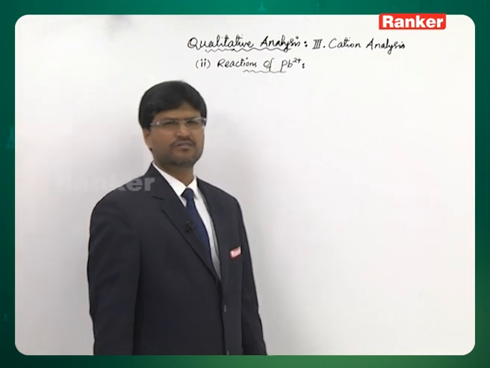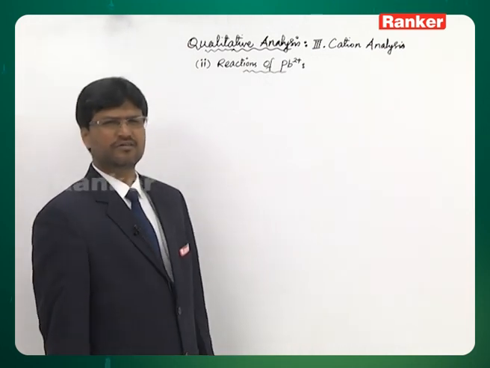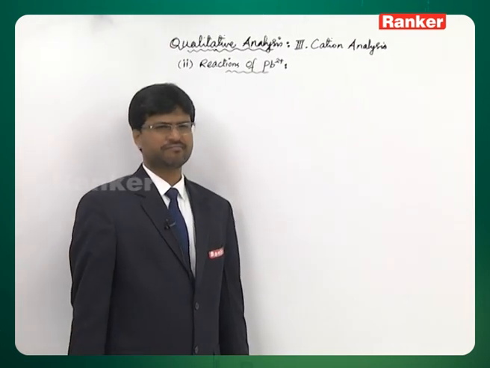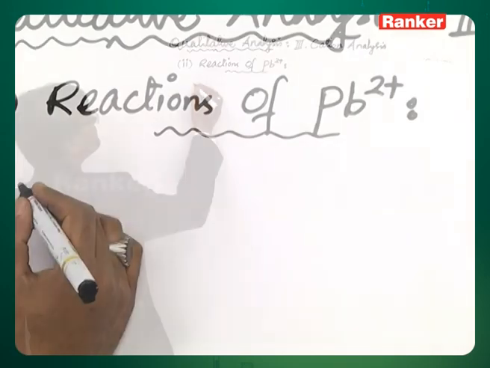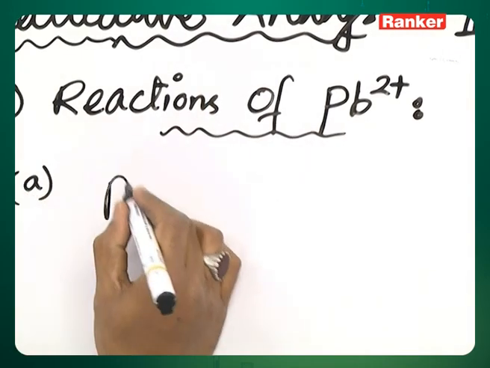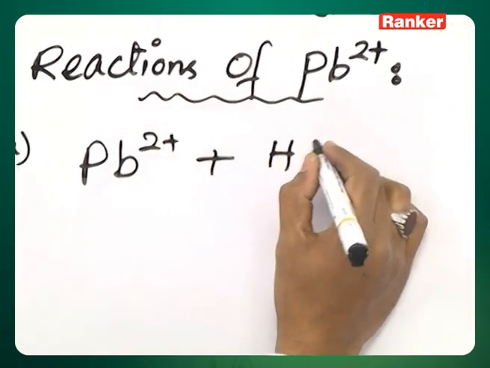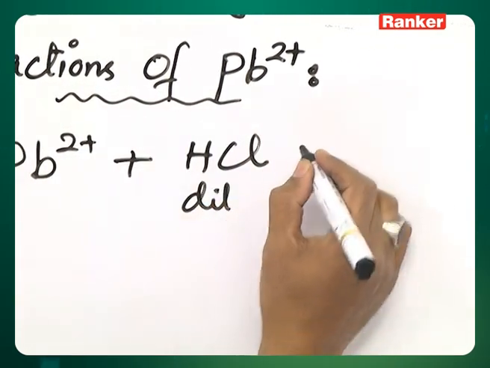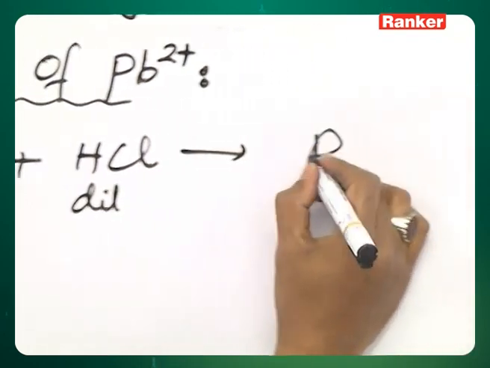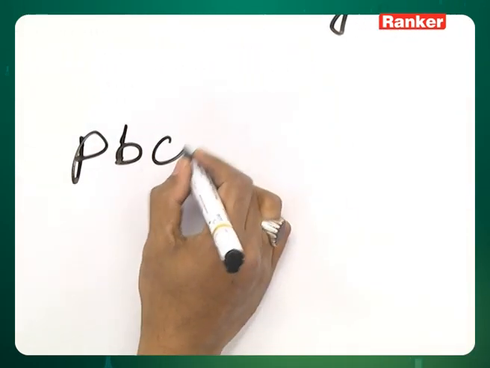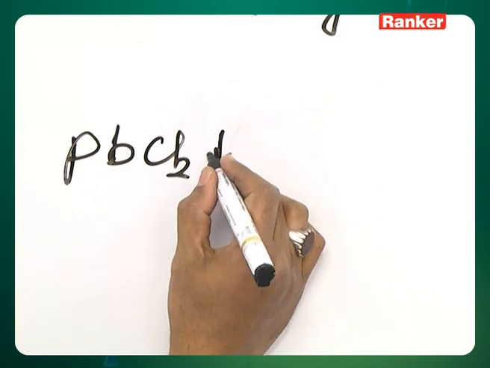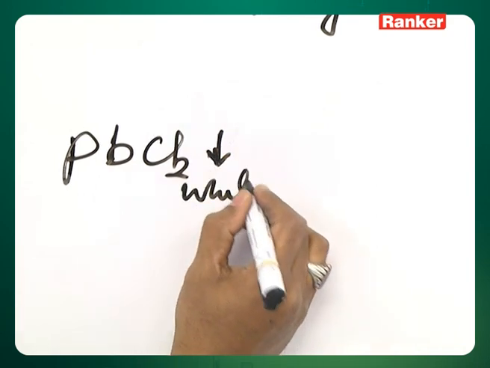Now let's learn about reactions of Pb2 plus, plumbous. Pb2 plus reacts with dilute HCl. You get PbCl2, which is the white precipitate soluble in hot water.